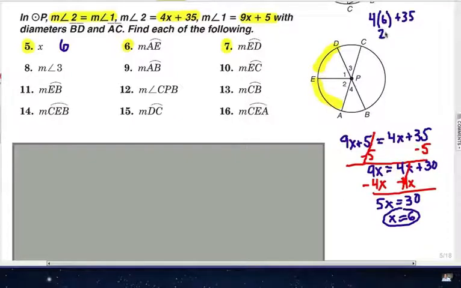And that's going to be 24 plus 35, which is 59. All right, now pretty easy. All we had to do is substitute in 59. Now it turns out that arc ED right here comes from central angle 1, and we know that's the same.